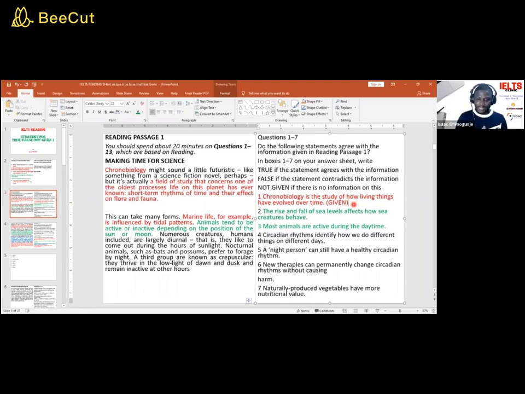So now, chronobiology, a field of study that concerns one of the processes of life on this planet as ever known. Then it gave the short-term reading of time and their effects on fauna and flora. It is defining chronobiology. This one says chronobiology is the study of how living things, so it is defining chronobiology. So the first thing is it is given.